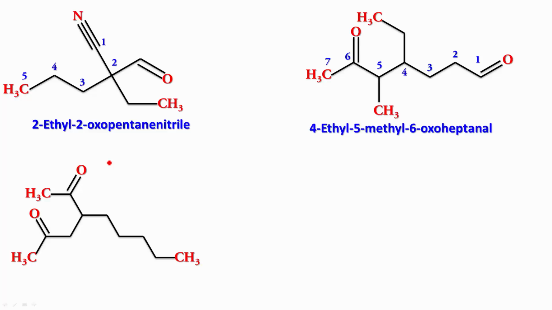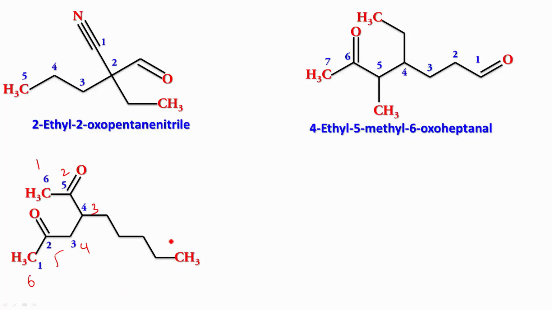And here the principal chain is 1, 2, 3, 4, 5, 6. Now, the numbering actually should have been the other way around because we want to give the substituents the lower number. So instead of this numbering, the correct numbering should be 1, 2, 3, 4, 5, 6. Because in either case, the ketones are coming at 2 and 5.